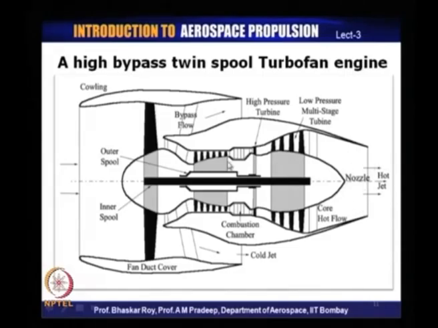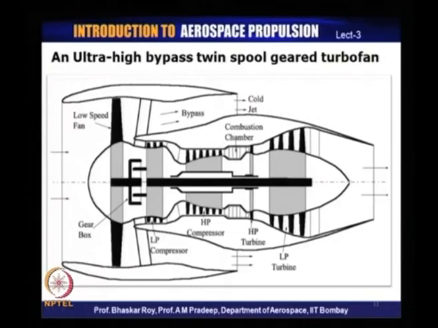So, more and more aircraft engines are being produced today, which have high bypass flow and comparatively lesser amount of inner flow. This has a huge big fan, and as we go along we shall see that these fans are getting bigger and bigger.